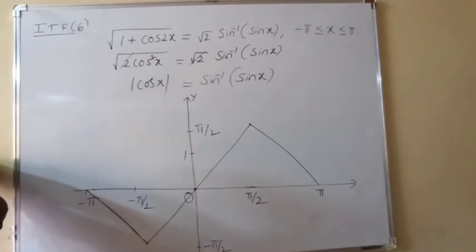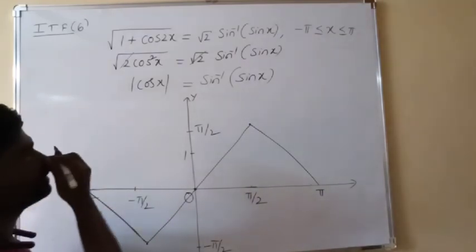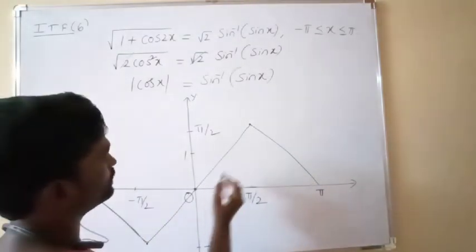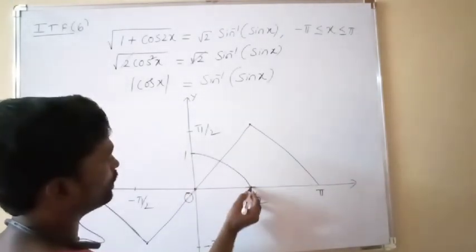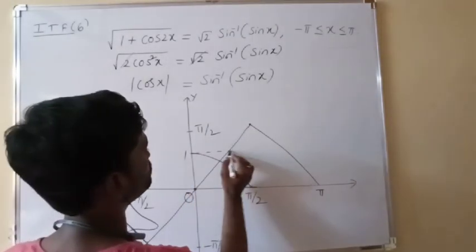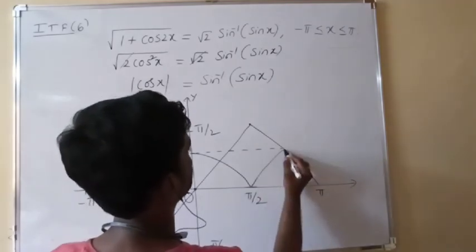To get the mod cos x graph, first draw the cos x graph between minus pi to pi, and whichever graph is above the x-axis you keep as it is, and whichever graph is below the x-axis, remove that part and take its image with respect to the x-axis. Then you will get the graph of mod cos x like this.